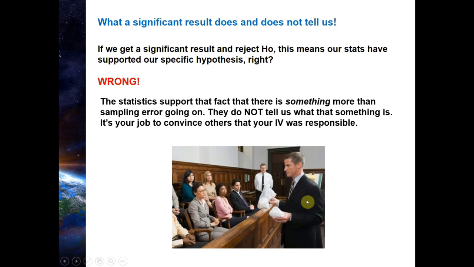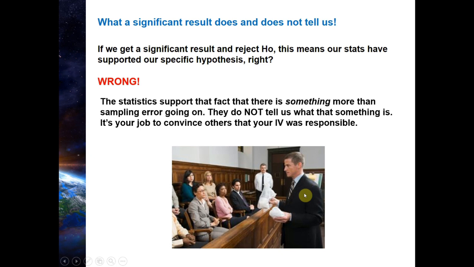And that is sometimes not an easy task because a lot of times when we do research, we'll have confounds. Other explanations that could explain our results, other explanations that could be that something else. All right, that's something you learned at the beginning of the semester. When we manipulate an independent variable, we're hoping that that is the only reason making the groups different and making the groups behave differently.